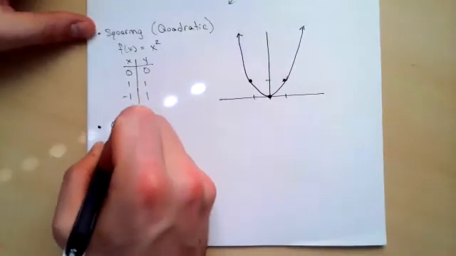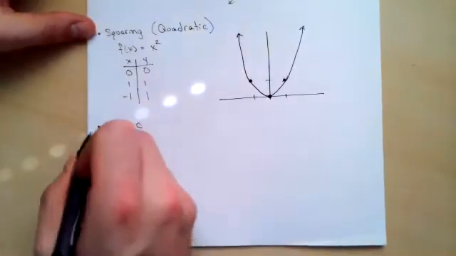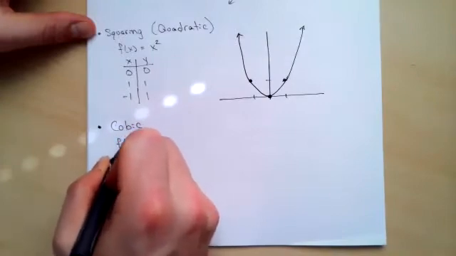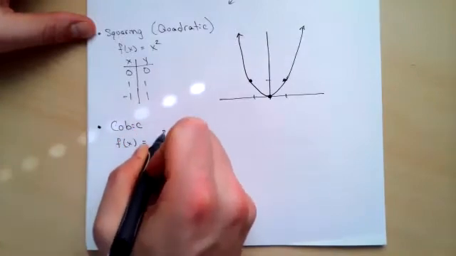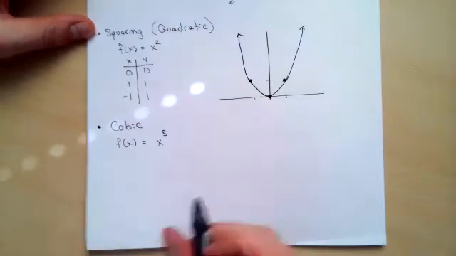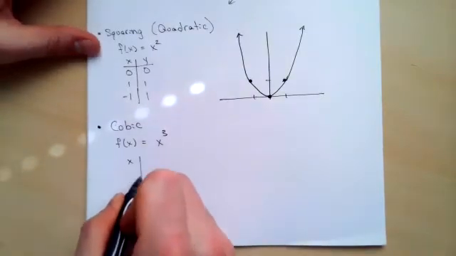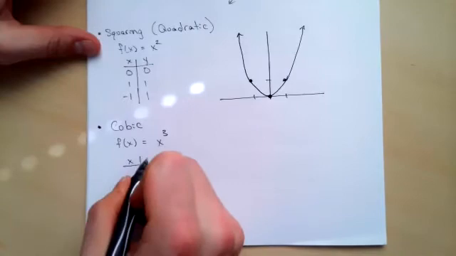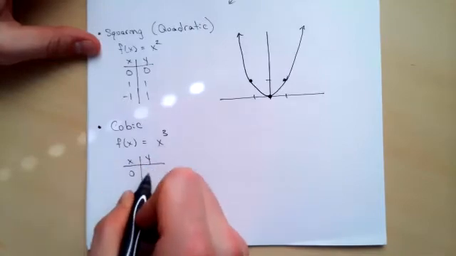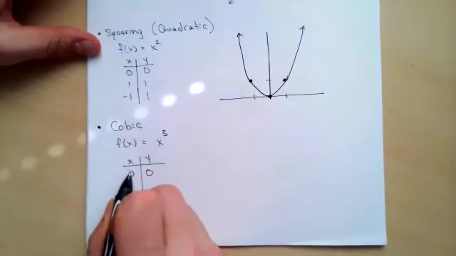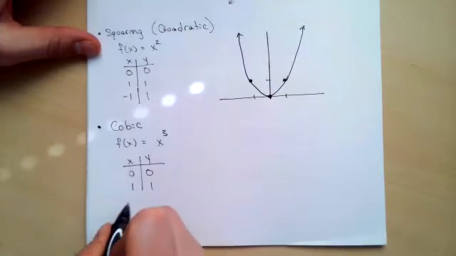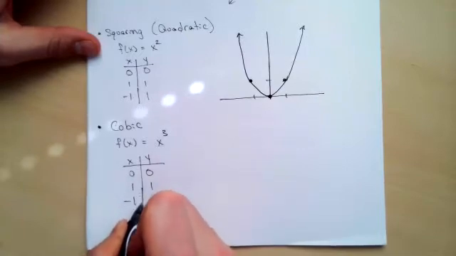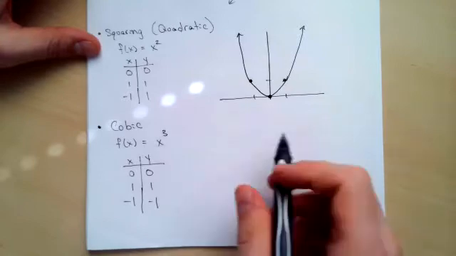We've got our cubic function. f of x is x cubed. It's going to look similar to a parabola, except the left side is going to be flipped upside down. So if we plug in our point 0, 0, 1, 1, when I cube minus 1, we'll get minus 1.